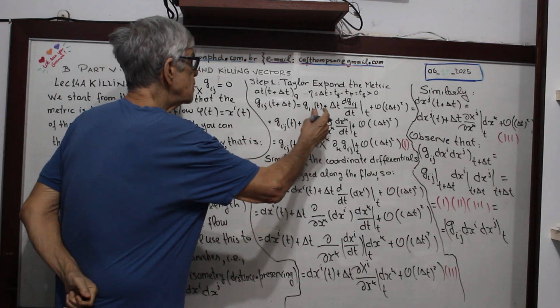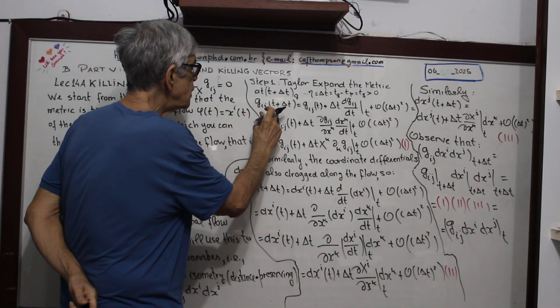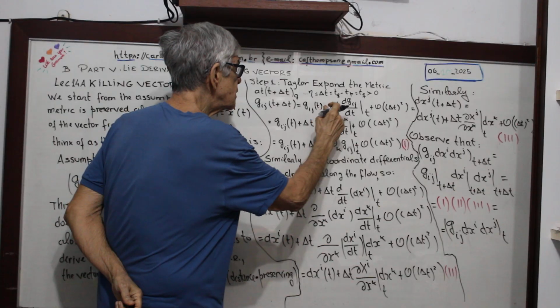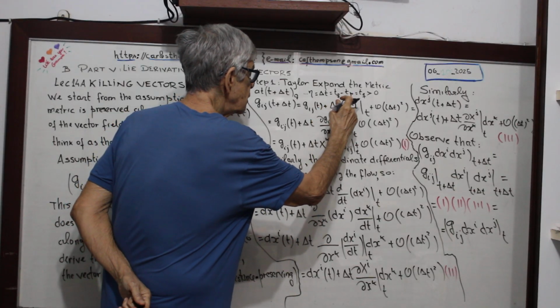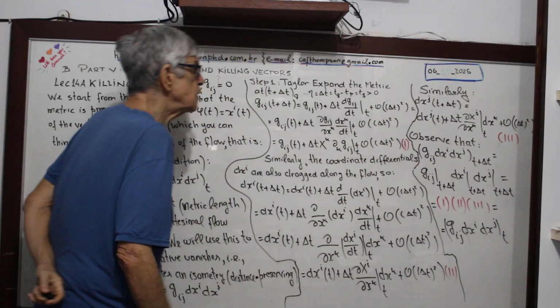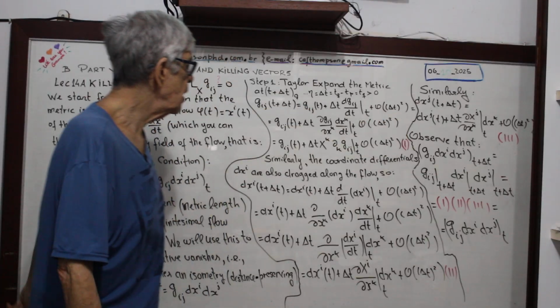So let's expand here, using the Taylor expansion. g_ij at t plus delta t equals g_ij at t plus delta t times dg_ij/dt at t plus order of delta t squared. This is order of eta squared first.